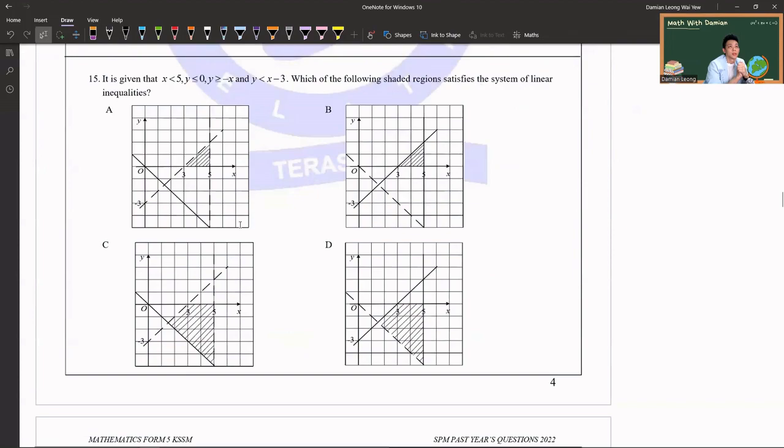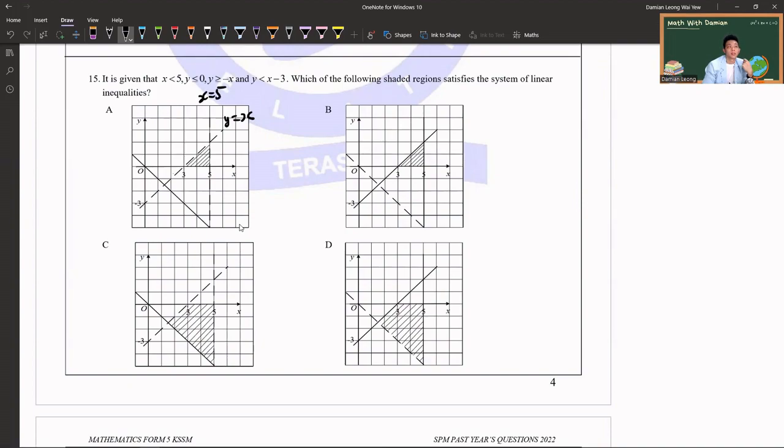Question 15. We have these 3 inequalities here. So all of it shows the same 3 lines. Definitely these are the 3 lines that represent the inequalities. So the diagonal line is y equals x. Vertical line is x equals 5.